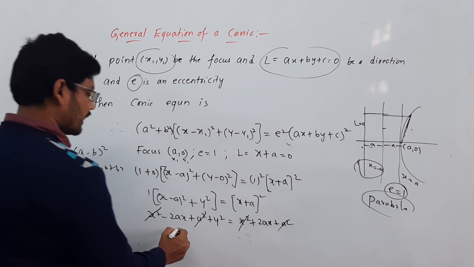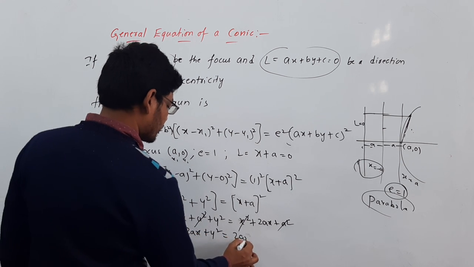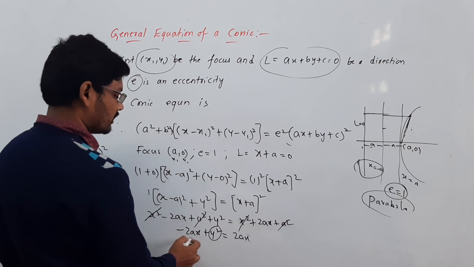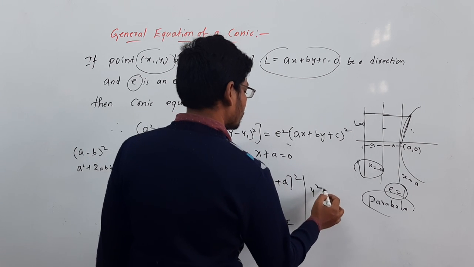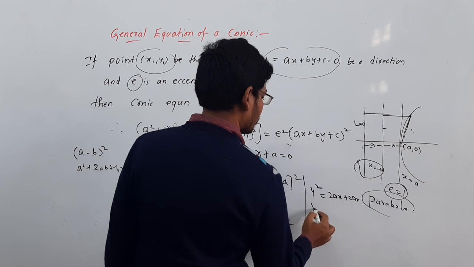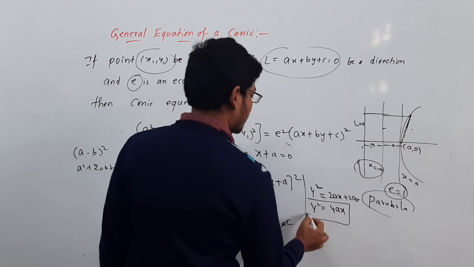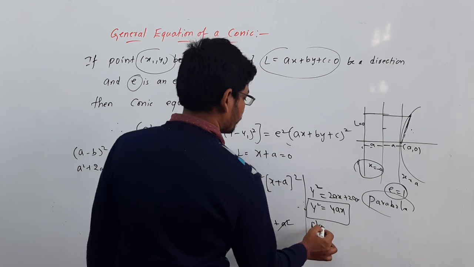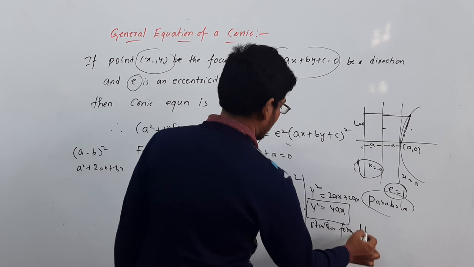The remaining terms are minus 2ax plus y square is equal to 2ax. We want only y square, so send that term to the right hand side, and y square is equal to 2ax plus 2ax. So y square is equal to how much? 4ax. It is nothing but the standard form of parabola.